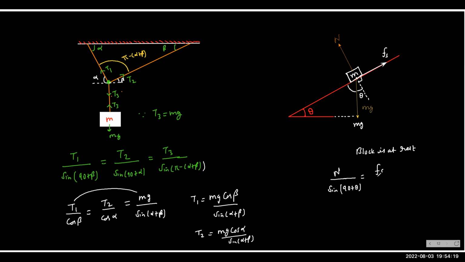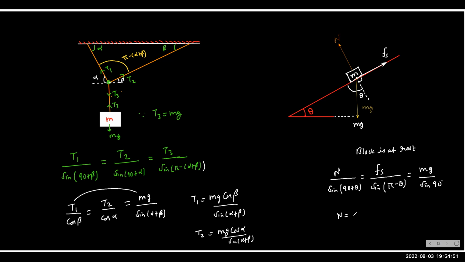And Fs upon sine of what angle? That will be 90 plus 90 minus theta, 180 minus theta. And mg upon sine of 90. Correct. So sine 90 is 1.